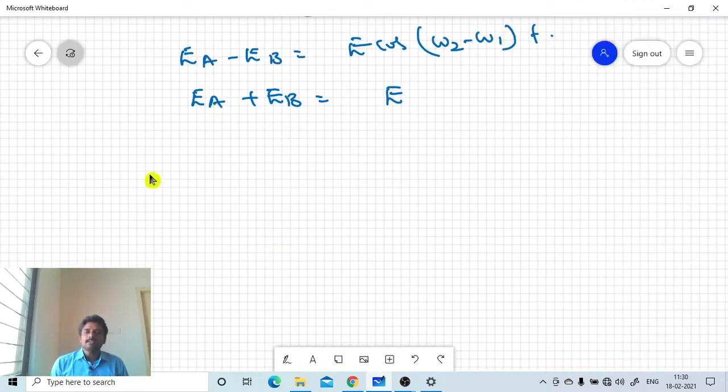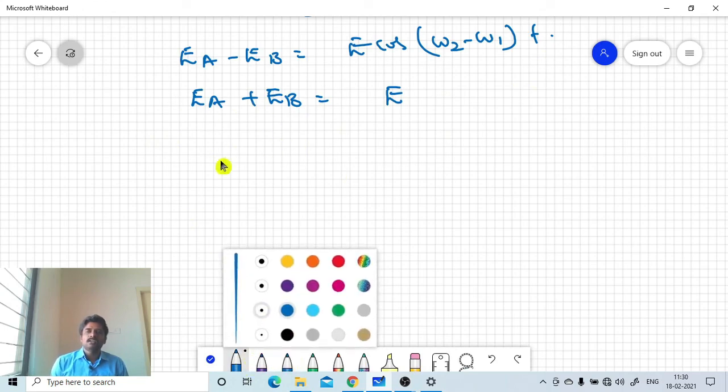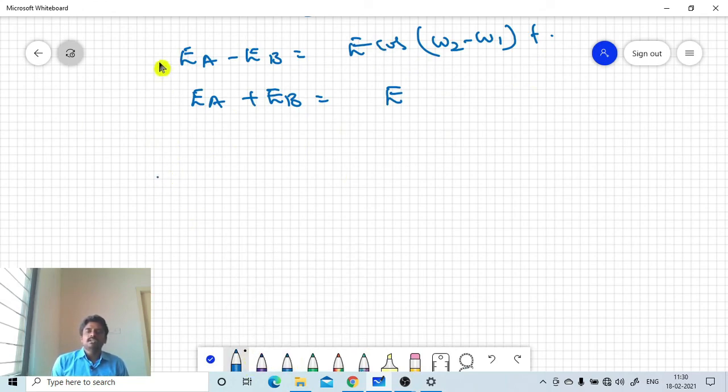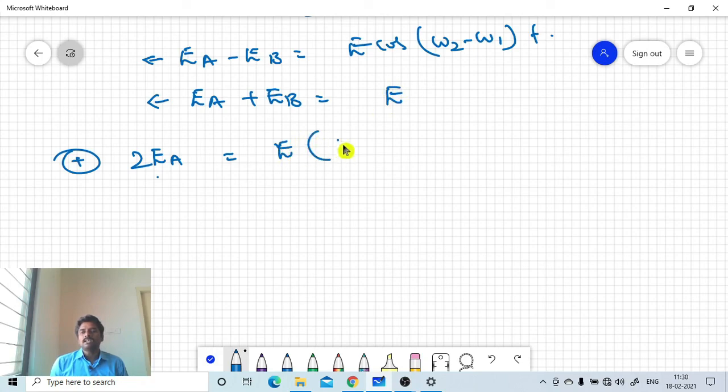Now if we add these two equations, I missed the equation number, so just take any one. If we add both, we get 2Ea, the Eb terms cancel, that is equal to E, the constant, times 1 plus cos of (omega 2 minus omega 1) into t.